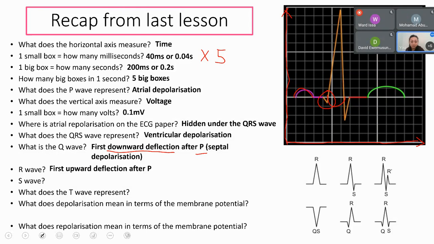The R wave is the first upward deflection after the P wave. So the R wave is this wave and the Q wave is this wave. The S wave is the first downward deflection after the R wave, so the S wave always has to follow the R wave.